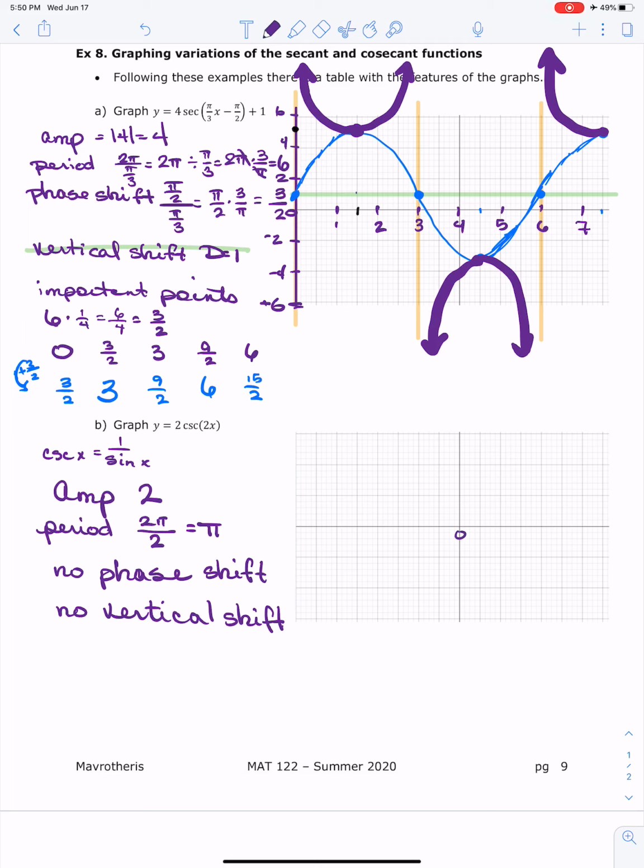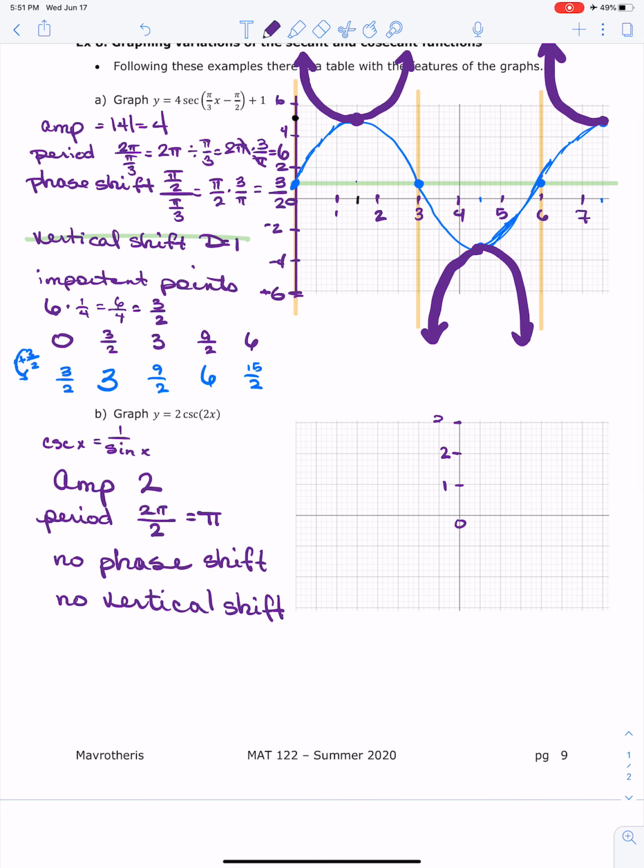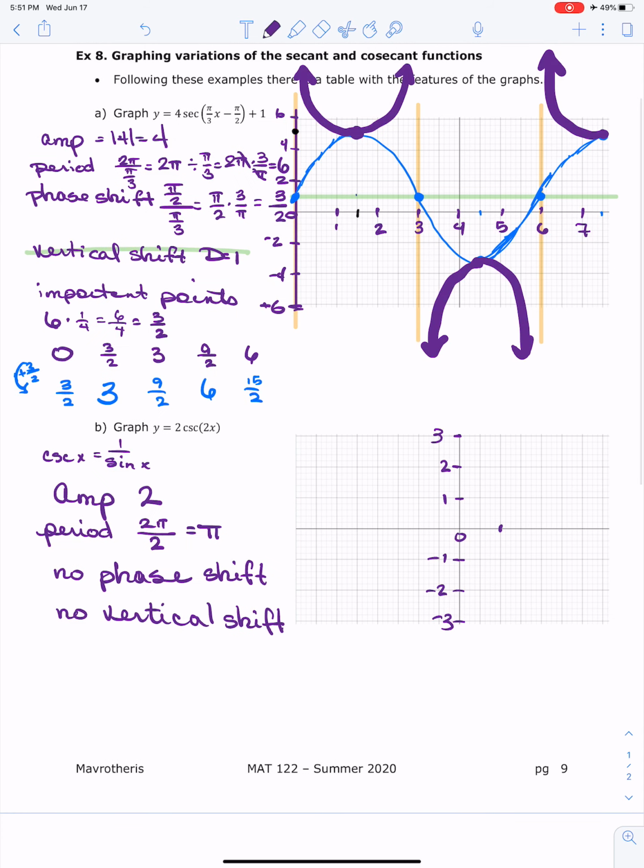So I got 0 here, 1, 2, what's our amplitude? 2, yeah, 1, 2. -3, and how about, let's see, we go, make this pi over 2, and pi, that'll be 3 pi over 2.